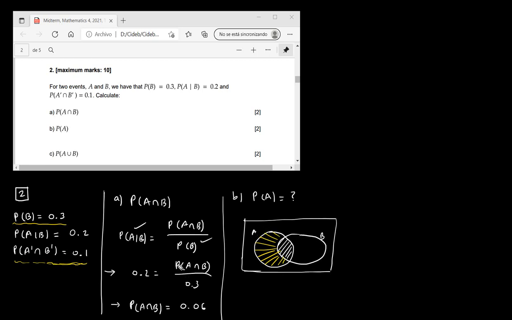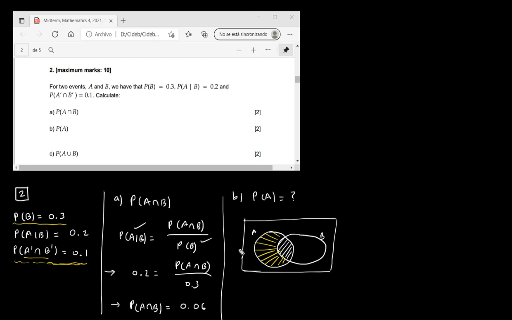So let's see what I can do. How can I represent this area pictorially, visually? Like if I wanted to highlight the area that corresponds to this event, what area should I paint? A prime intersection B prime.